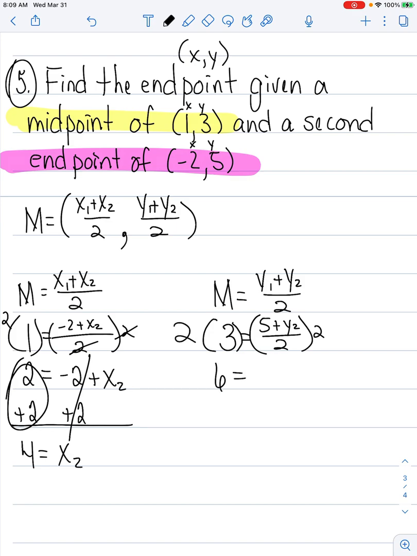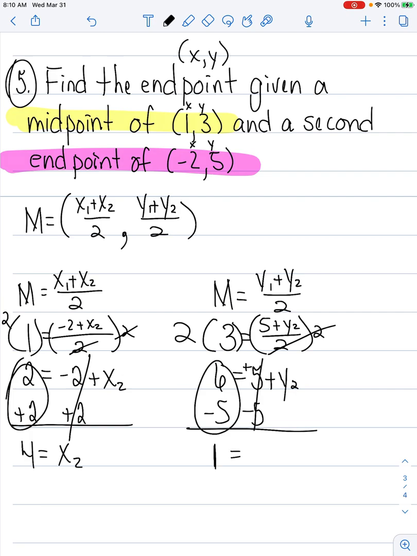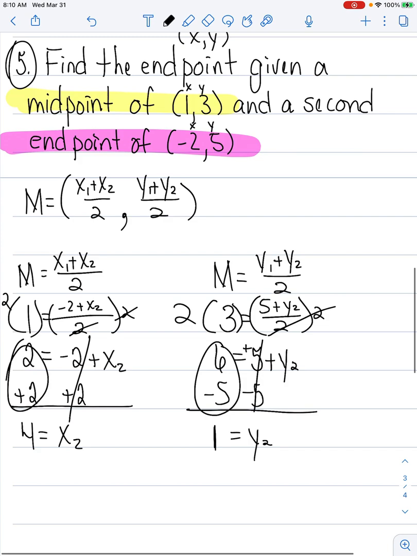So I get 6 equals, this cancels, so I have 5 plus the second y. How am I going to isolate that y, or that y2? The opposite of plus 5 is to subtract 5 from both sides. 6 minus 5 is 1 equals, 5 minus 5 cancels, the second y.